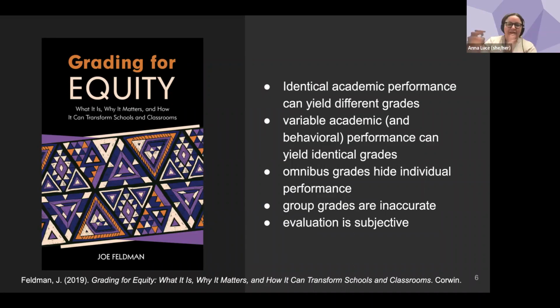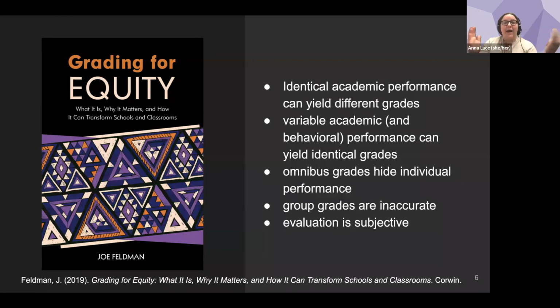So identical performance can yield different grades, and variable performance can yield identical grades. So how could that be an accurate system if students who are behaving differently are getting the same grades, or students who are performing identically are getting different grades?